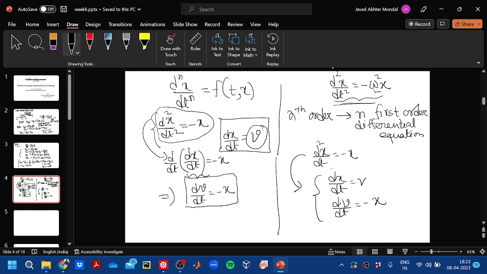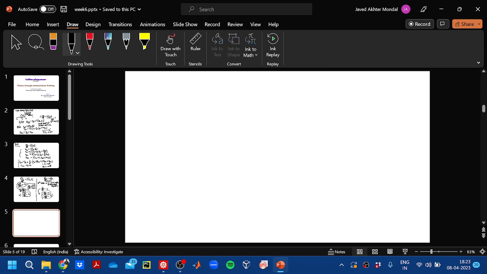These are first order equations, and we know how to solve a first order equation using the Euler method or the RK2 and RK4 methods. So in that spirit, we can solve a differential equation of any order by this Euler or RK4 method.